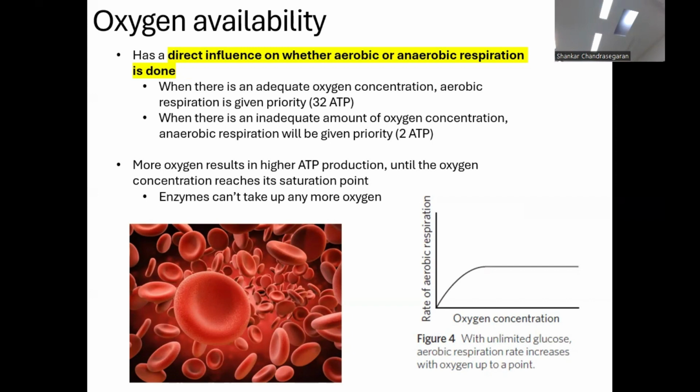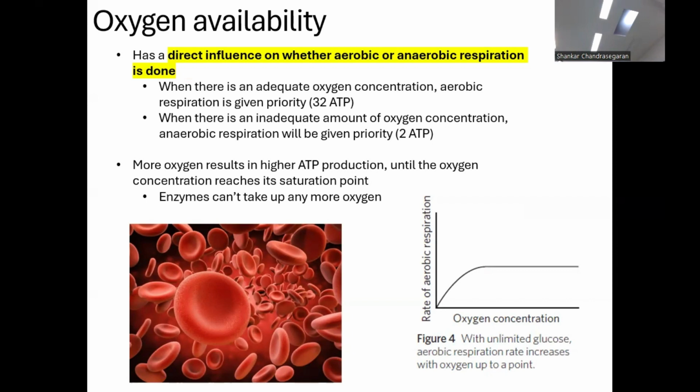We also know energy production between aerobic and anaerobic is very different. Aerobic gives you 32 ATP, whereas anaerobic gives you only 2 ATP. So essentially, the cell itself wants to do aerobic respiration, but only if there's an inadequate amount of oxygen will it undertake anaerobic respiration. All right.